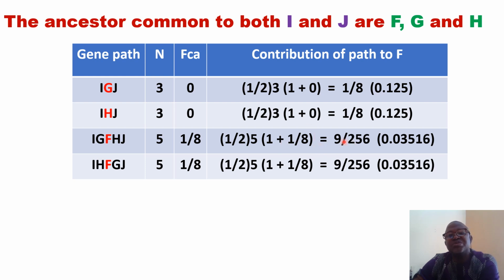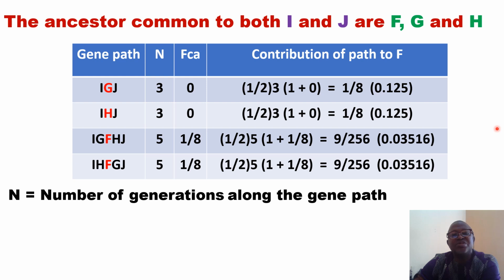If you do that, it will give you 9 over 256, which is 0.03516. Again, I, H, F, G, and J. F, again, remember, is inbred. It was produced as a result of mating between two half sibs. So the inbreeding coefficient for half sibs is 1 over 8. Again, if you solve it, it's 9 over 256, 0.03516.